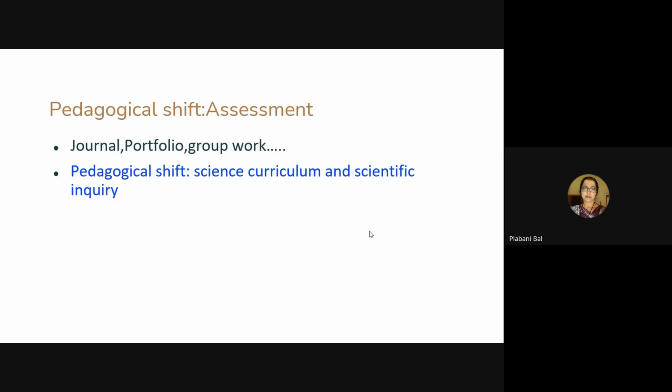Okay, so the learners, as the process is changing, there is also a shift in assessment. As we know, the purpose of assessment actually is to improve the teaching learning process.